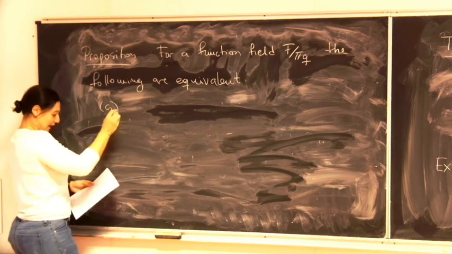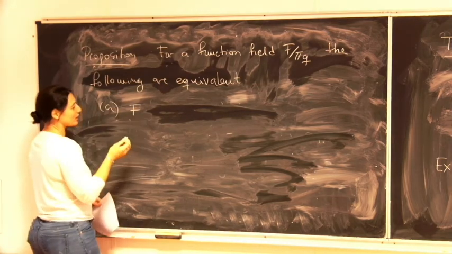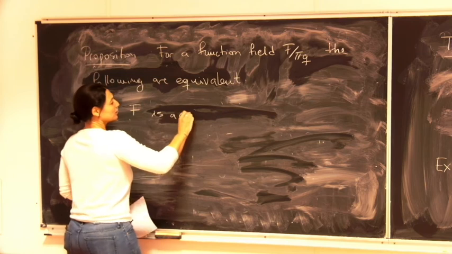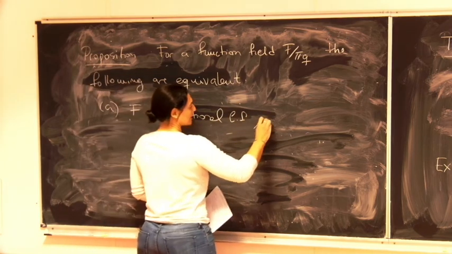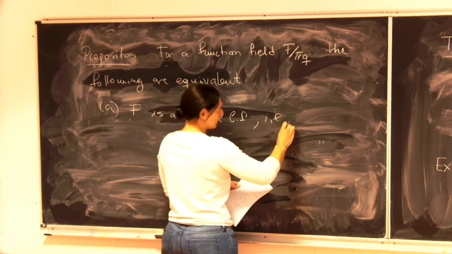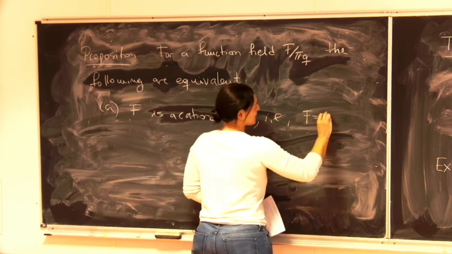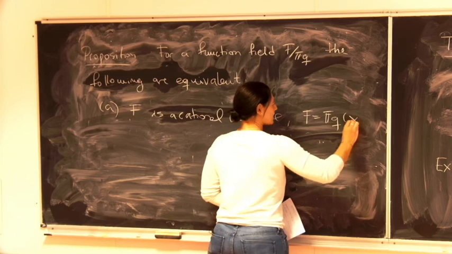One is that F is a rational function field. That is, that F is exactly FQ(X).